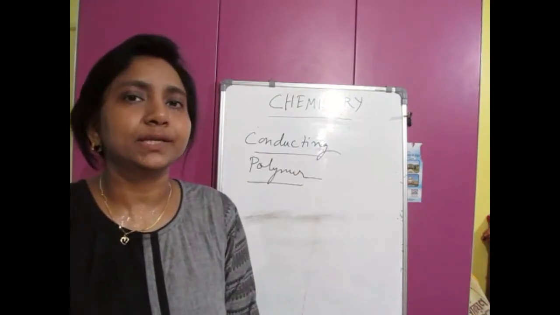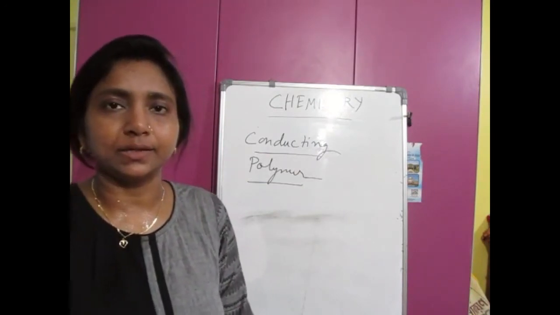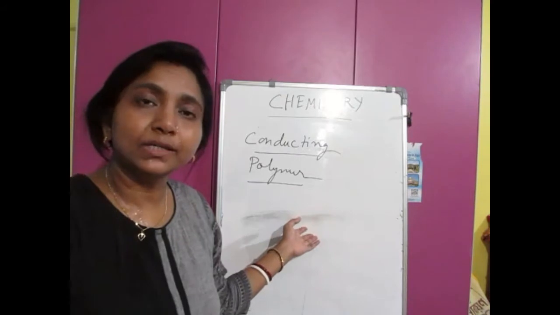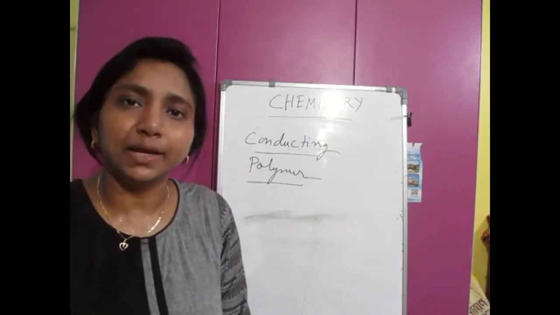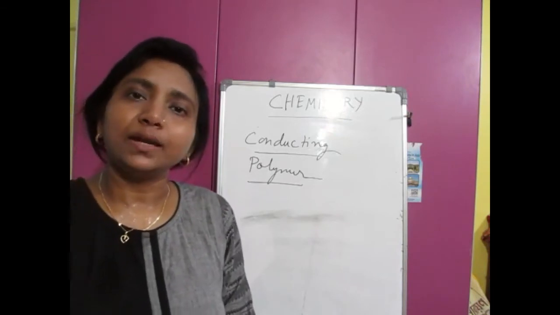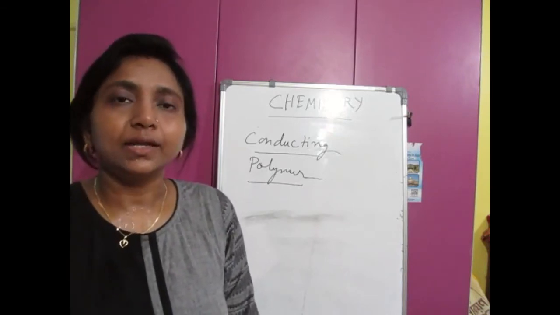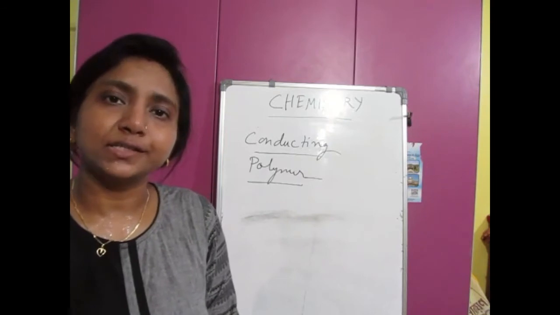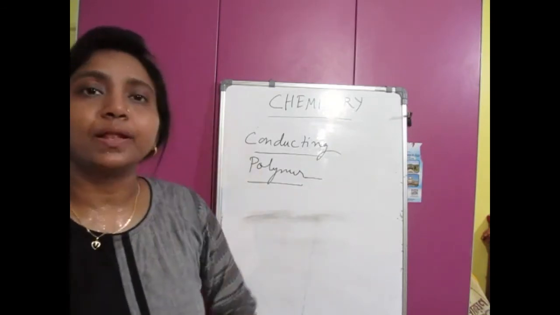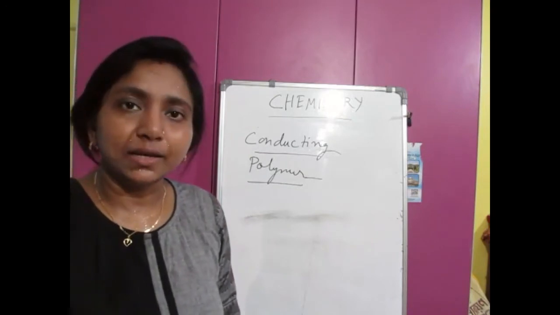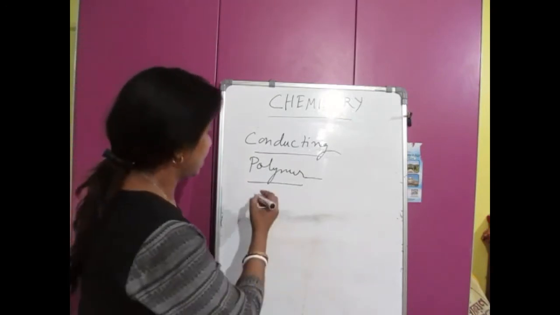Polymers are generally non-conducting by nature, but there are a few polymers which are conducting by nature, that means they have metallic property. It may be intrinsic or extrinsic, like intrinsic or extrinsic semiconductor. Examples of conducting polymers are polyaniline, polyacetylene, etc.